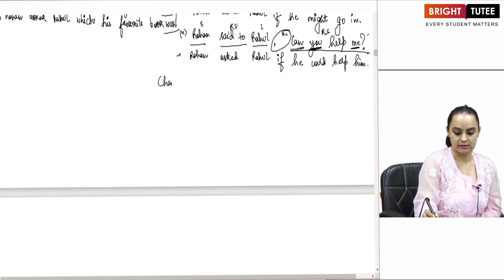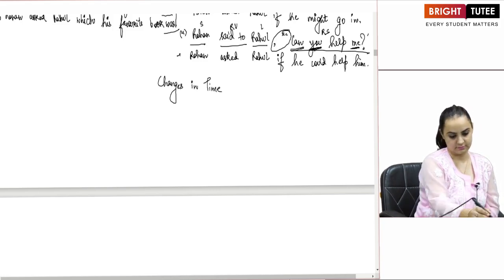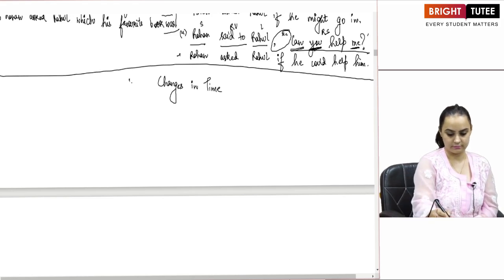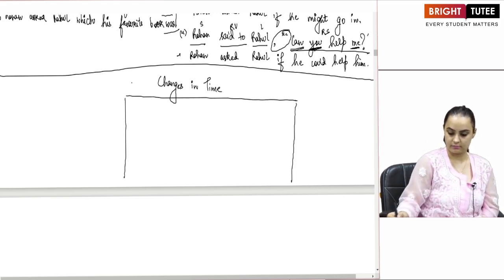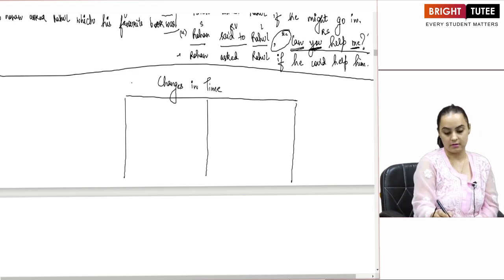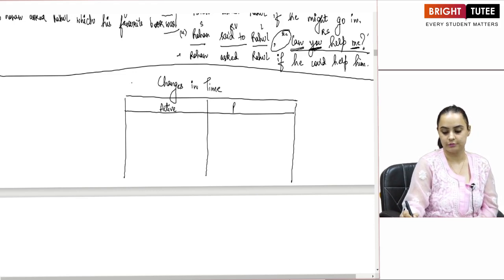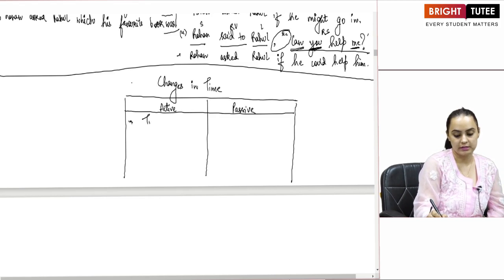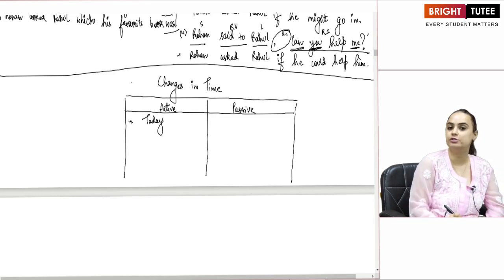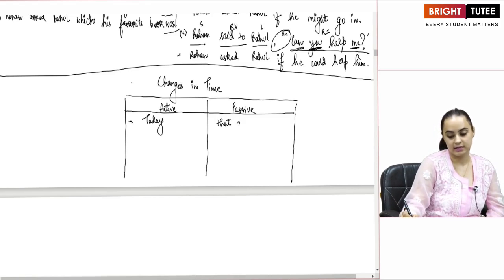So, the changes in time. How will we change the time from active to passive? "Today," if written in an active sentence, will change to "that day."